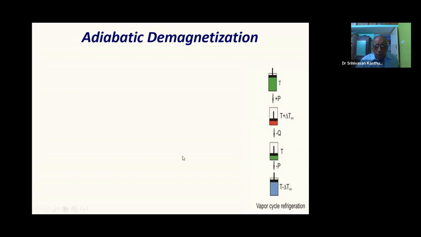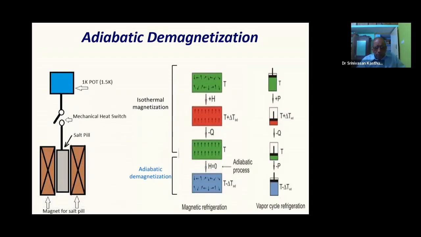In the same way, we can think of magnetic energy. Imagine you have a magnetization of the system. Suppose you have a lot of magnetic dipoles present at a particular temperature T. You apply a magnetic field, so the dipoles are all aligned.